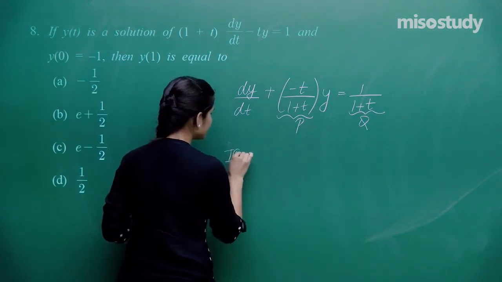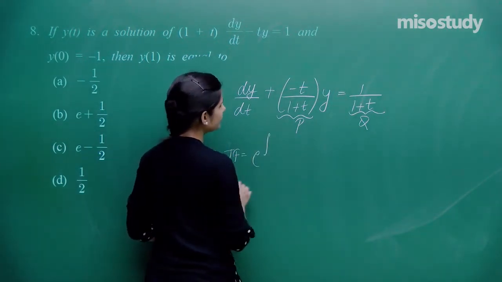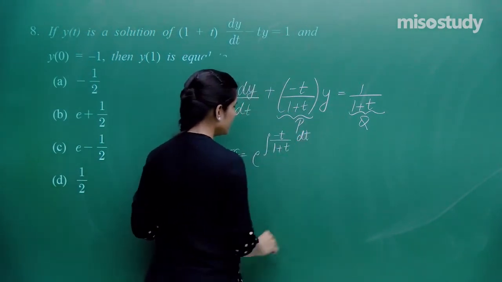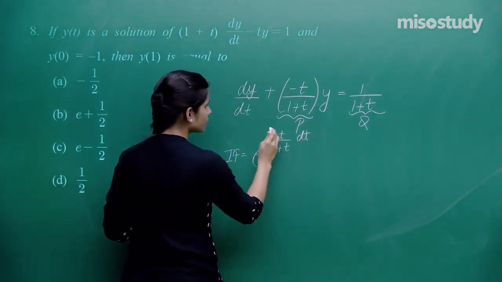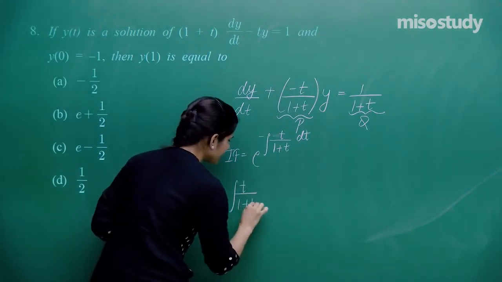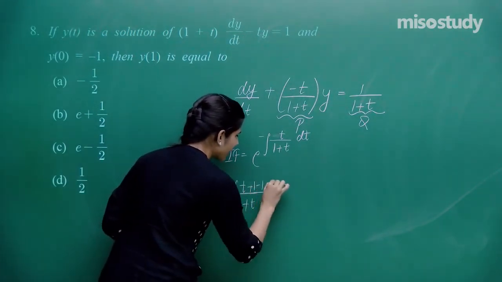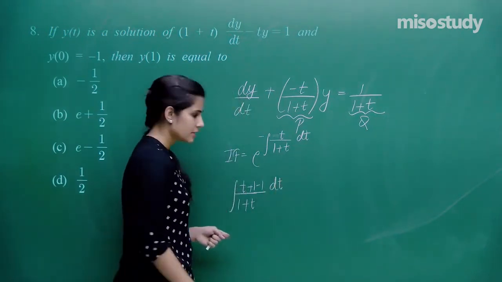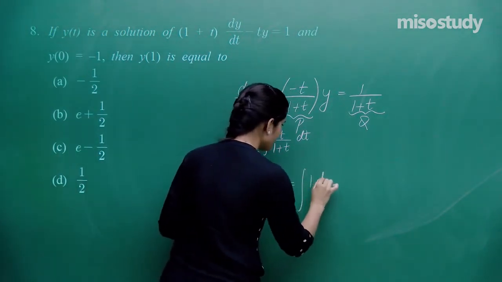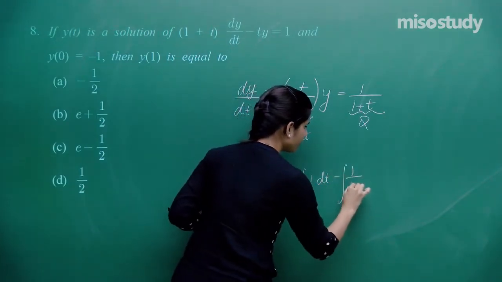Integrating factor is e to the power integration of minus t upon 1 plus t dt. Let's separately calculate. Minus is going to go out. Separately, if you calculate t upon 1 plus t, you can add 1 and subtract 1. This gives you t plus 1 upon t plus 1, which is 1, minus 1 upon 1 plus t.